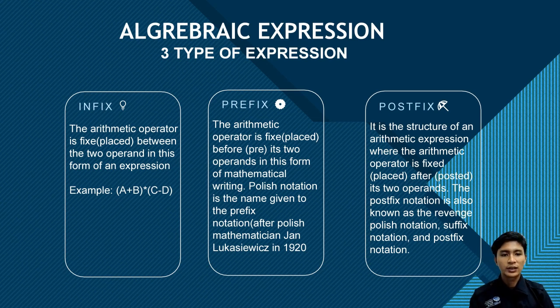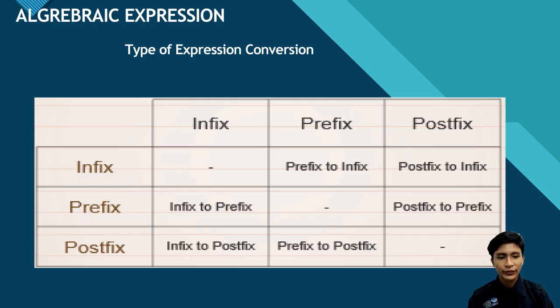So you can see the types of expression conversion: infix to prefix, infix to postfix, prefix to infix, prefix to postfix, postfix to infix, and postfix to prefix. We have six expression conversions.